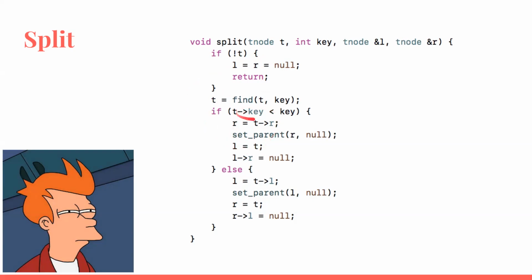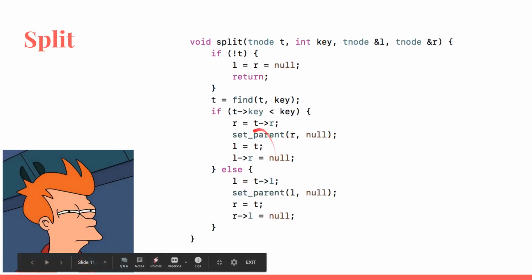And if this equation does not hold, then our value in T is greater than key. But in any case, this vertex should be in the right part, and all elements in the left sub-tree should be in the left part. So we just do the opposite operations from this one. Any questions about the split?